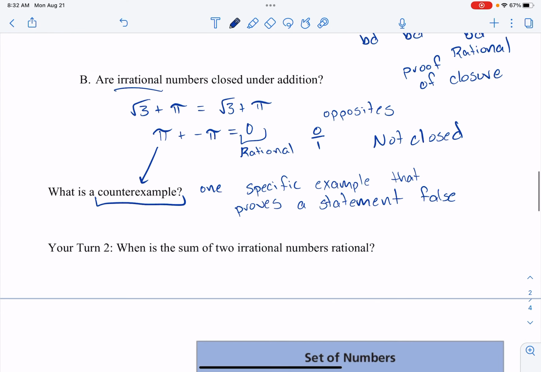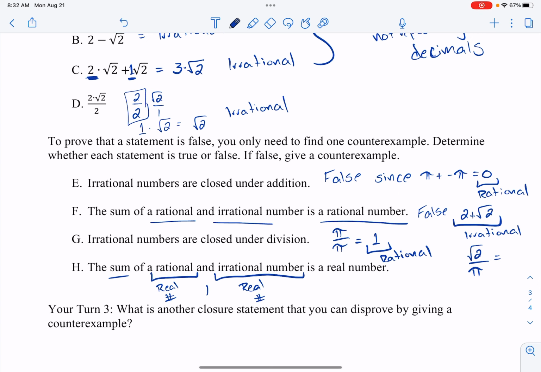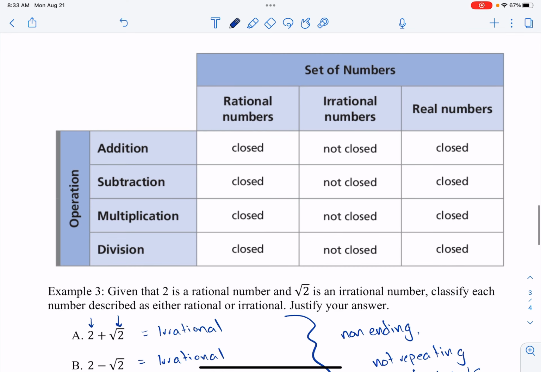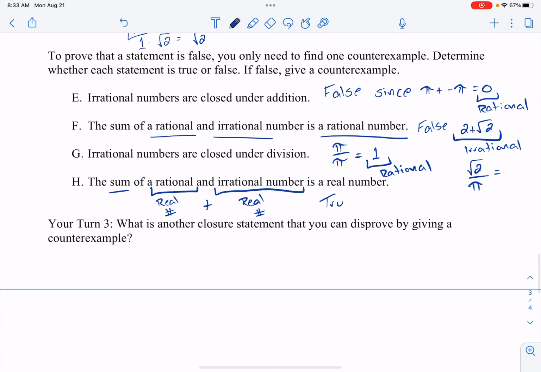So basically, in this one, I'm looking at a real number plus a real number. Real numbers are closed under addition. So this would be true, since real numbers are closed under addition.